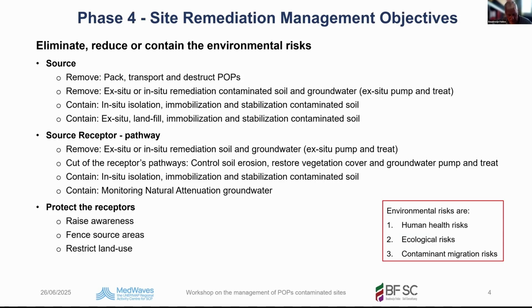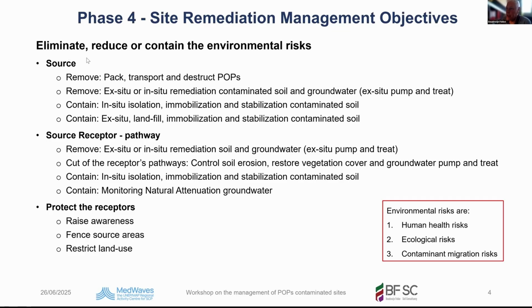And of course, monitored natural attenuation is to protect the receptors. So if you have a water well downstream, you calculate if it is possible that the contamination is reaching the well, and if it's not because of the natural attenuation, you monitor, but then you make use of the natural attenuation.